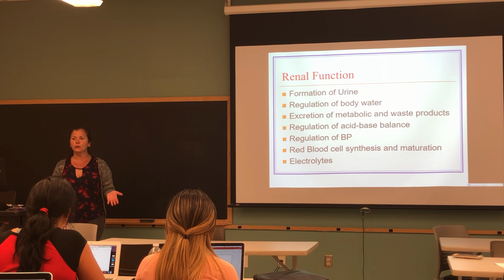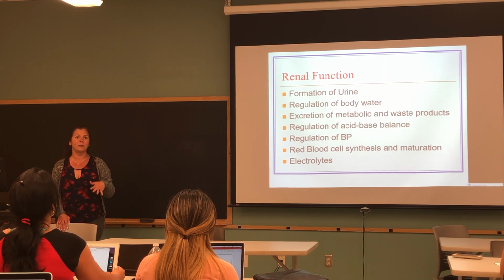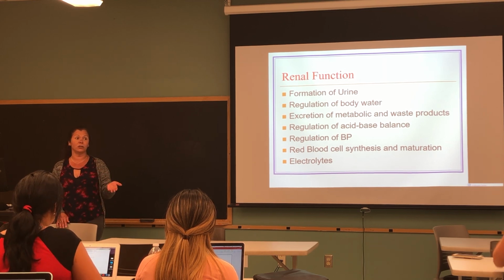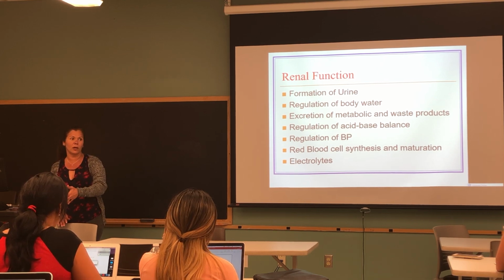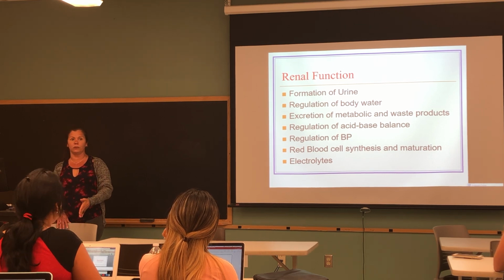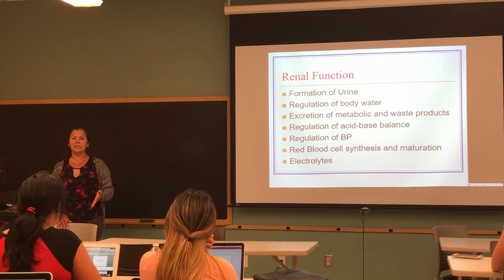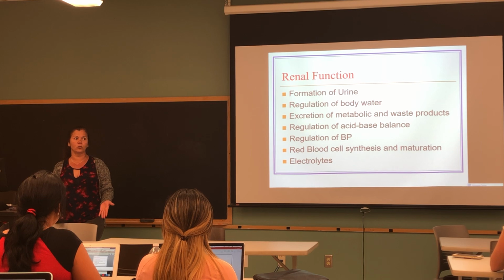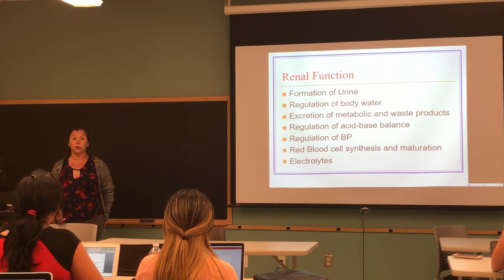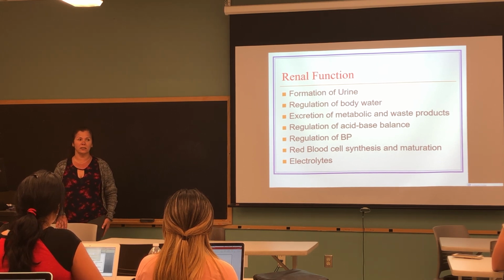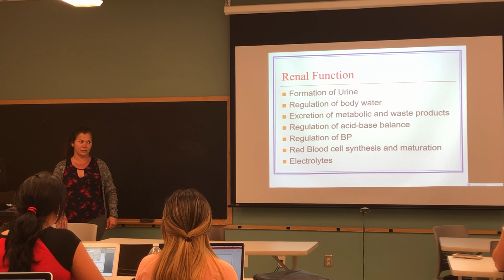If that doesn't improve the volume and pressure, then there's activation of the adrenal cortex and sending a feedback to the aquaporins in the distal renal tubule to release aldosterone. And aldosterone will regulate reabsorption of sodium and water and excretion of potassium, right? And then, of course, vasopressin is also released, right?